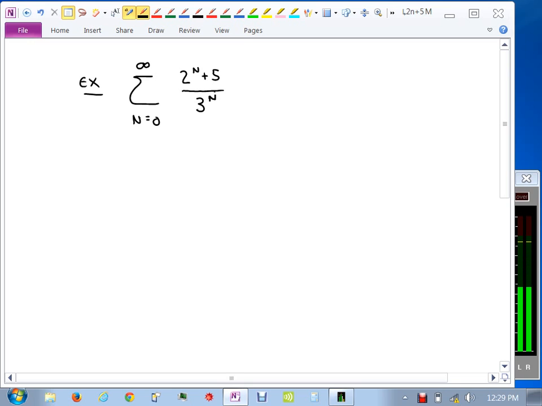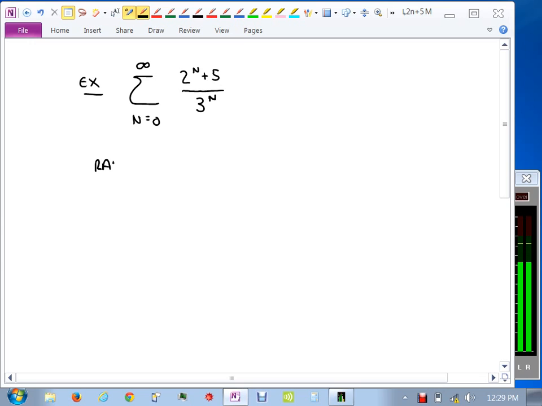And then the other one, the 5 would be a constant, and then you'd have 1/3, so that would be geometric. This would converge because of that. But I want to show you the ratio test in action on this, even though you could do it a different way. And on a test, you're free to do whichever way as long as it works, okay? So converge or diverge. Let's see.